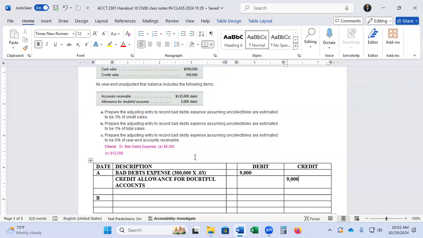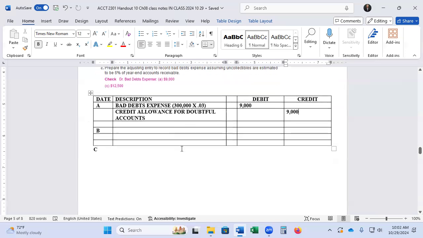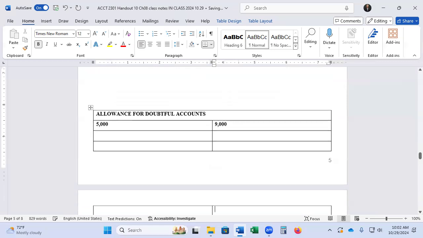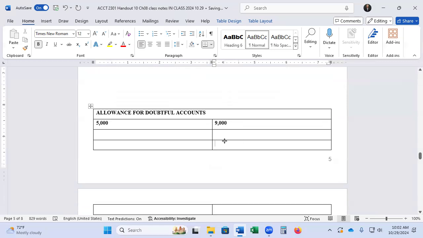And that's why I put that account down at the bottom so that we could illustrate it and talk about it. So what you would do now is put 9,000 in here, and then the ending balance would be 4,000.